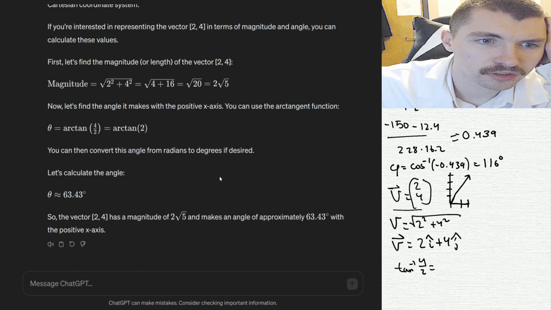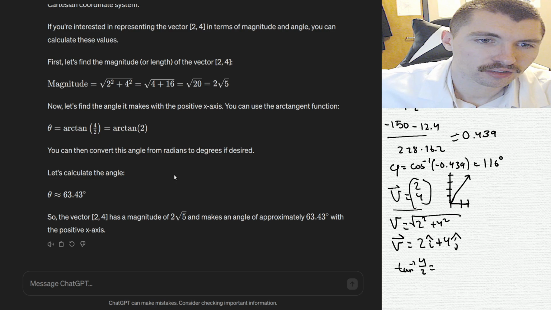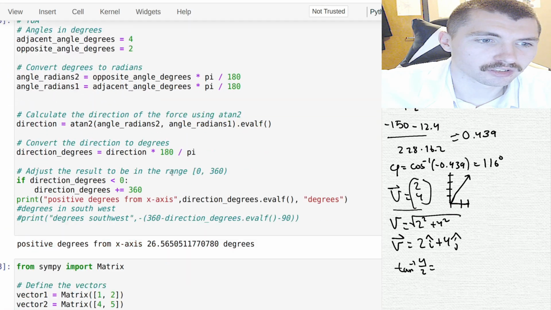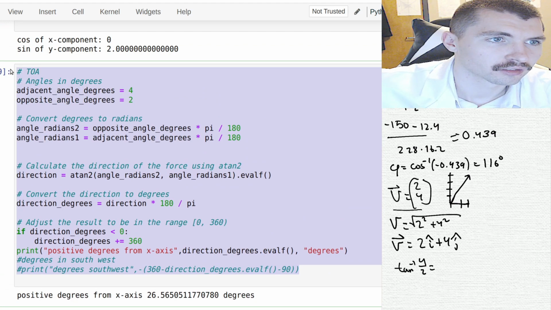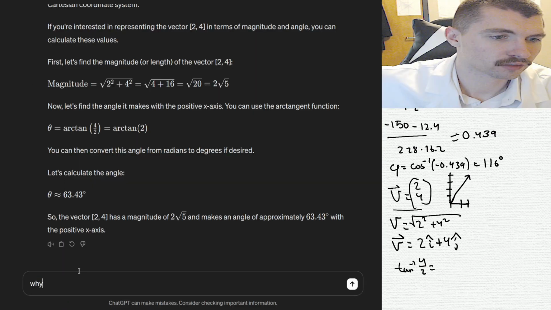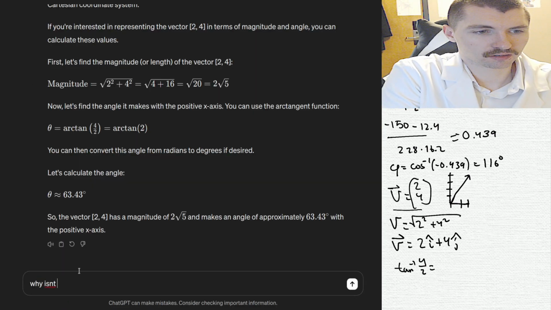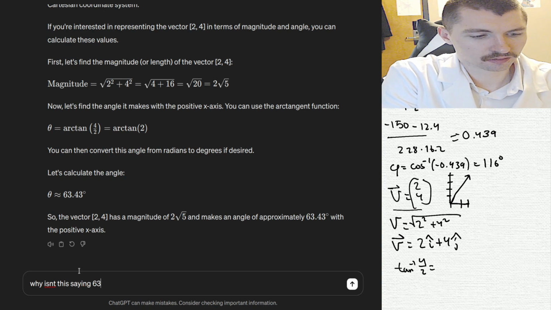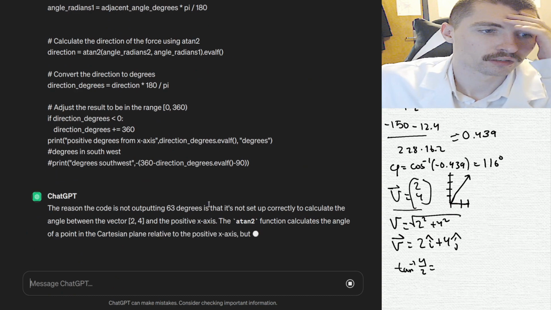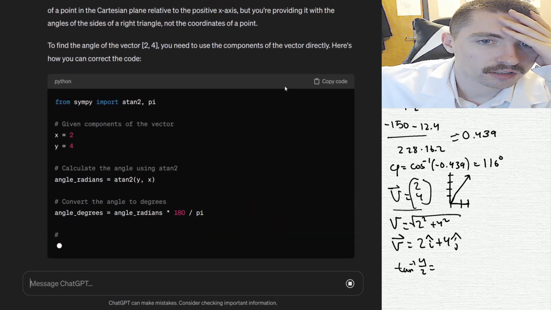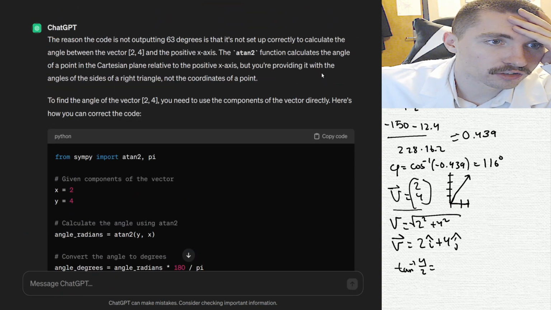We're still taking the tangent of this, so it should be 63. Why isn't it set correctly to calculate angles between the vectors?